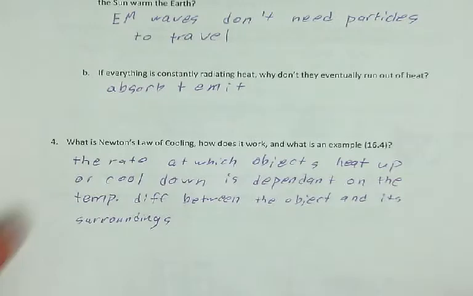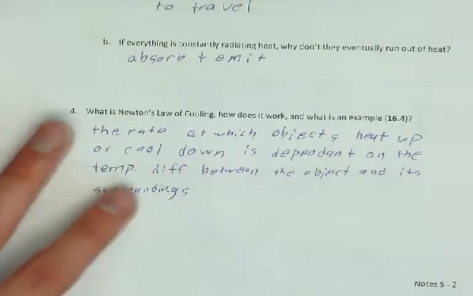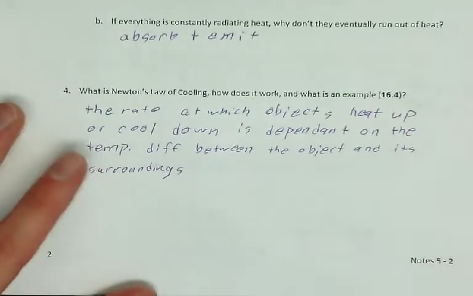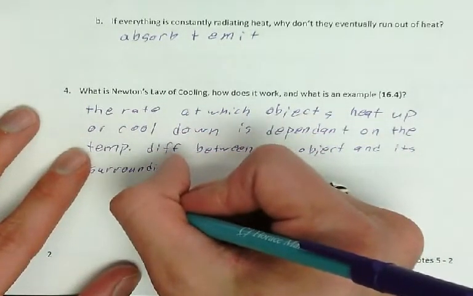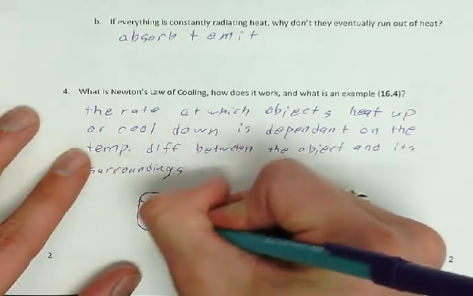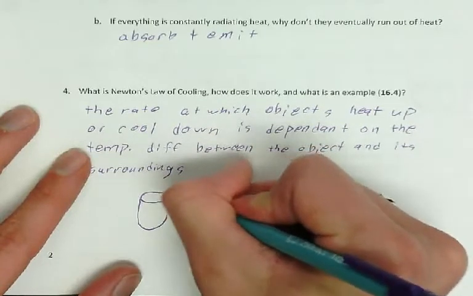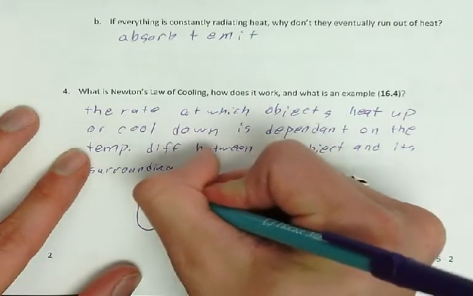Okay, so if I want to cool something off, so I have an apple pie. Nope, I can't draw an apple pie very well. I have a cup of coffee. I can draw a cup of coffee, absolutely. There we go.